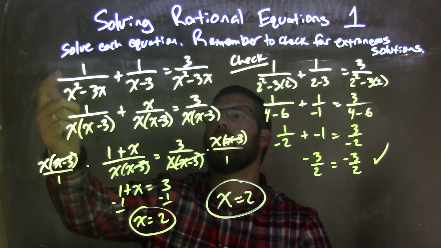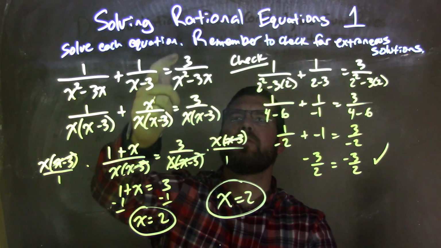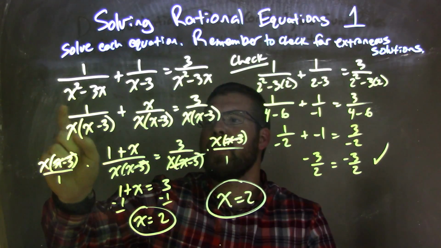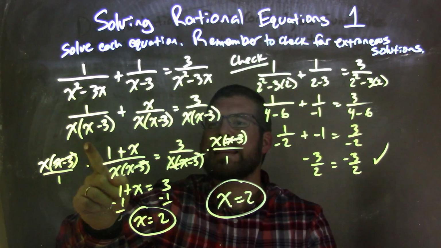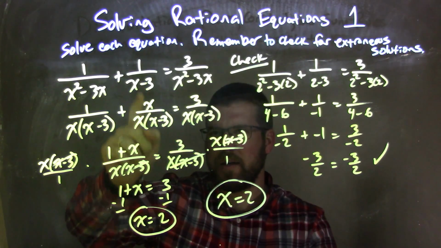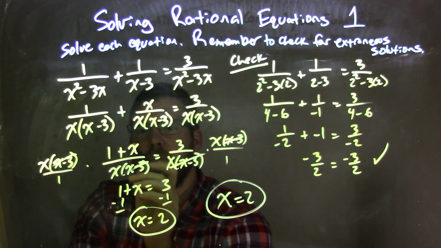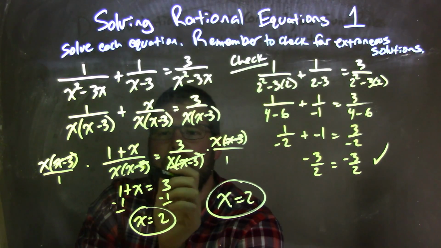So let's recap. We're given our equation, 1 over x squared minus 3x plus 1 over x minus 3 equals 3 over x squared minus 3x. I realized I could factor out an x from the denominator, and that allowed me to have a common base if I multiply the 1 over x minus 3 by x over x. Since I have the same base now, I can combine the terms, giving me 1 plus x in the numerator and x times x minus 3 as the denominator.